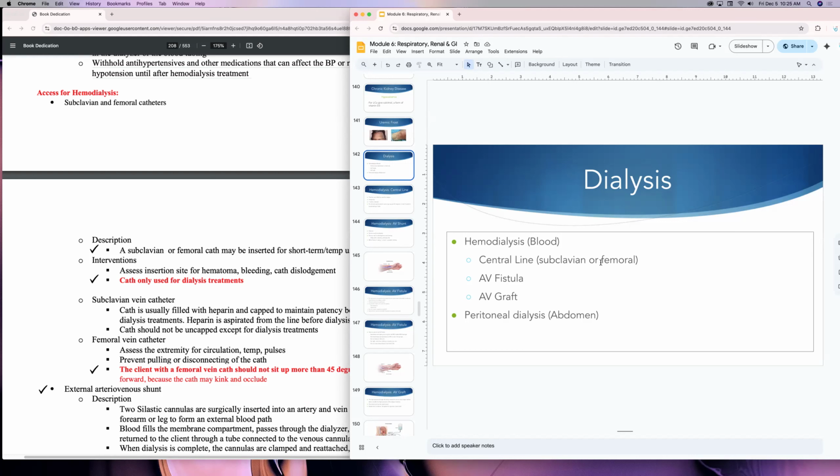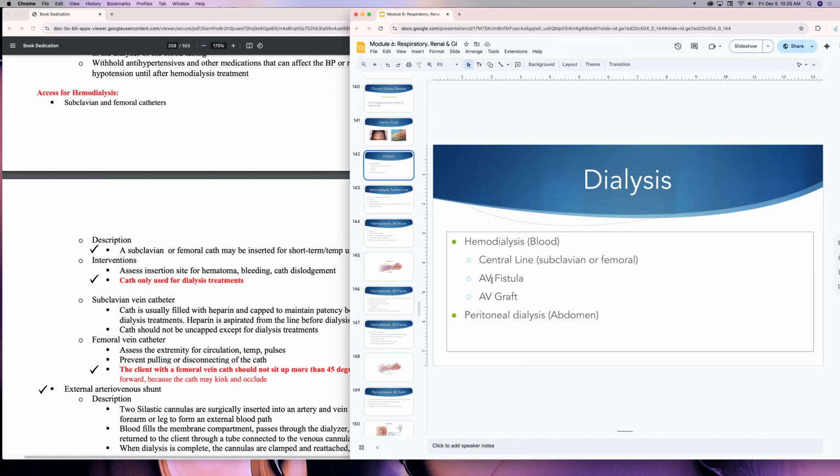So they prefer subclavian. It's in the chest, doesn't bend, and it's a lot easier to keep a subclavian central line clean. But anyways, they will put a central line in for dialysis until either one of these can be performed.